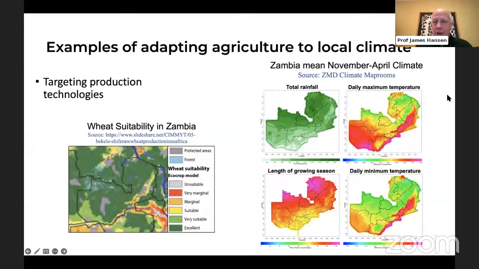And again, the maps on the right are from the Zambia Meteorological Department climate map rooms. The map on the left is from a slide presentation available online that was associated with a report by CIMMYT, the International Maize and Wheat Improvement Center.